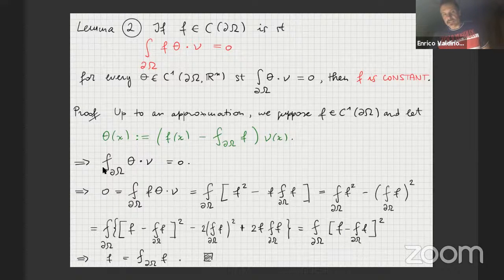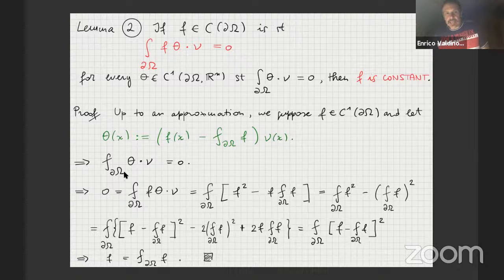So its flux is 0, because whenever I average against the normal, the multiplication with the normal is going to give me 1, and then when I average, I get the average of f minus the average of f times 1, which cancels. So theta by construction is 0 flux.